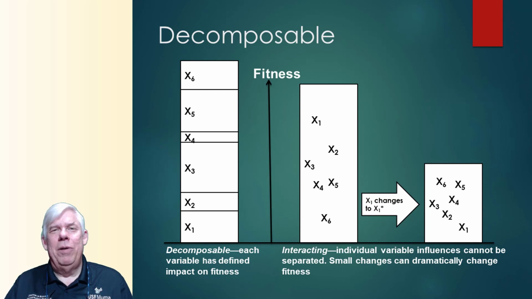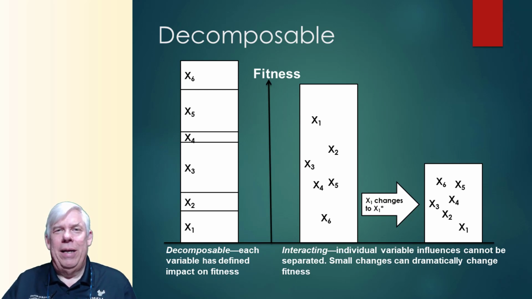If we wanted to represent this sort of graphically, in a decomposable landscape like the one on the left, if you've got 6 variables that contribute to overall fitness, each one of them operates within its own separate domain.